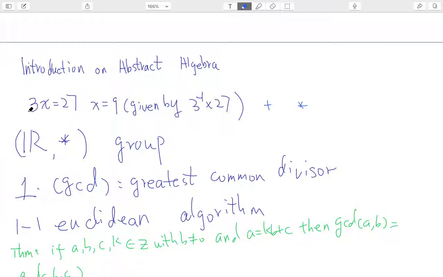And that is based on the fact that the real numbers with the operation multiplication form a group, which means that there's a multiplicative inverse in this group. And that's the reason why we can do that.